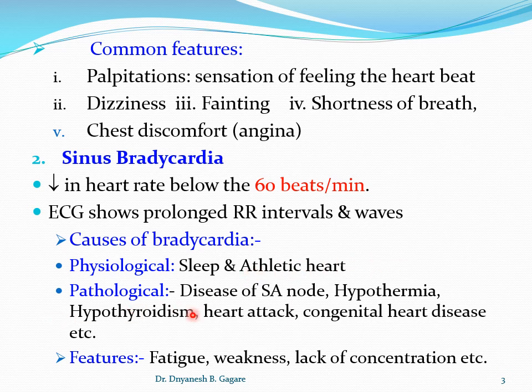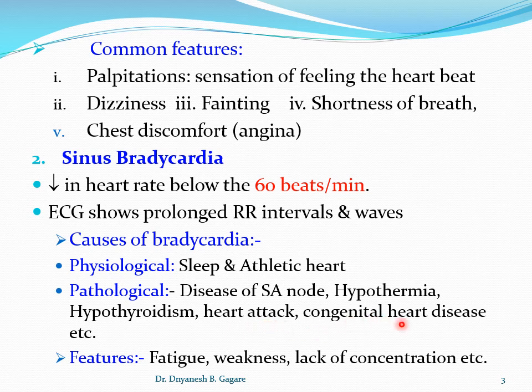Then pathological causes: disease of the sinus node, then hypothermia. Hypothermia, decreased temperature, decrease in heart rate. Hypothyroidism leads to a decrease in basal metabolic rate, and there is a decrease in heart rate. Then in heart attack, due to the myocardial infarction, the heart becomes weak, and that leads to a decrease in heart rate.